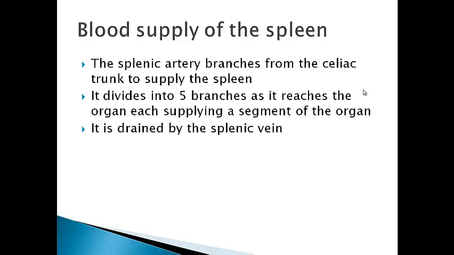As soon as one branch comes out, it supplies its part of the spleen and does not overlap with another part. So the spleen is actually divided into vascular segments, each one having its own blood supply.